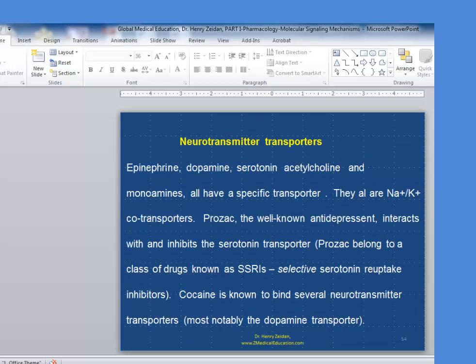We already talked about Prozac and SSRI. We already talked about its use as a common SSRI antidepressant agent that will tend to interact and inhibit the serotonin transporter.